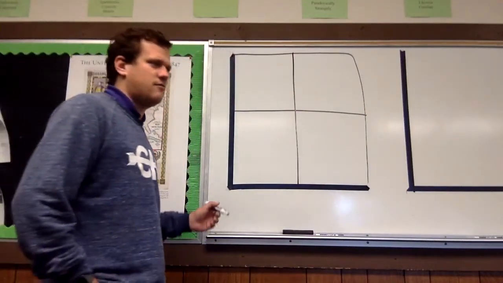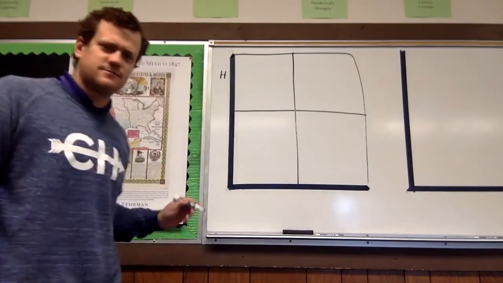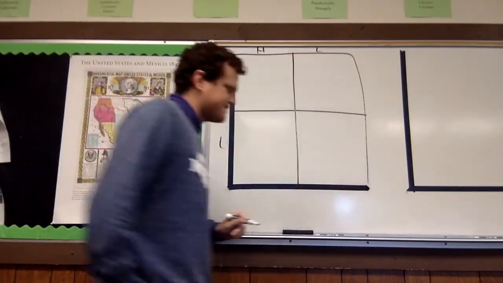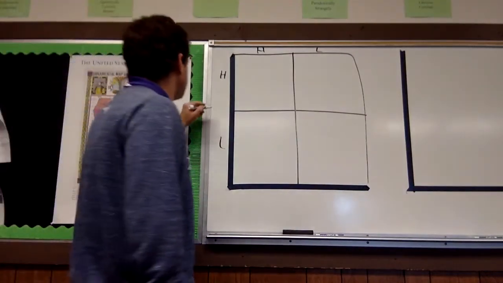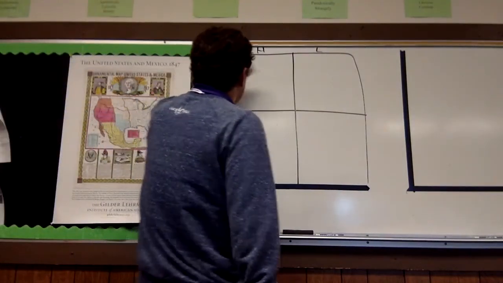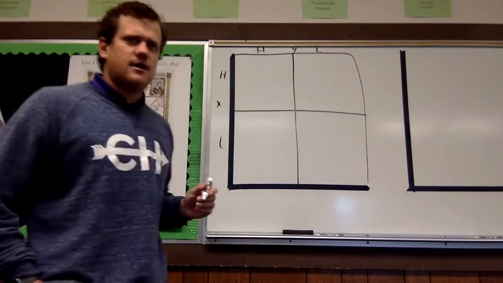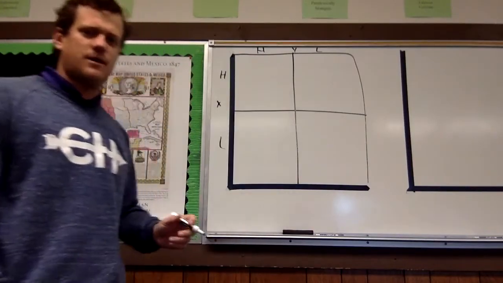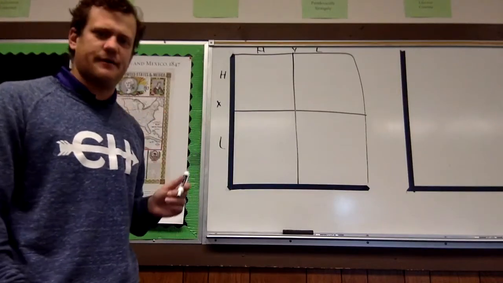We're going to have a high and a low, a high and a low, and we're going to call this company X and this company Y. Then we're going to fill in the profits that these companies, X and Y, are going to be making based on the strategies of the other.